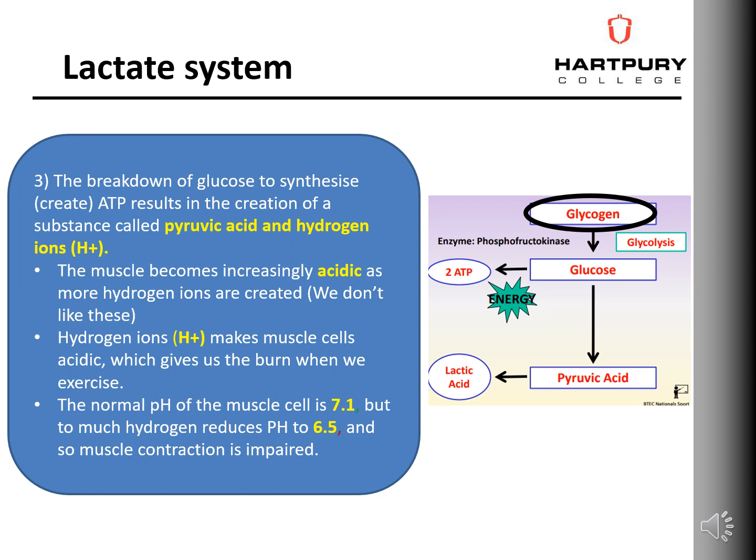Hydrogen ions make muscle cells acidic, which gives us that burn when we exercise, that lactic acid. The normal pH of muscle cells is 7.1, but too much hydrogen can reduce it to 6.5, and so your muscle contraction is impaired. That might be where you're more likely to suffer from cramp and fatigue.